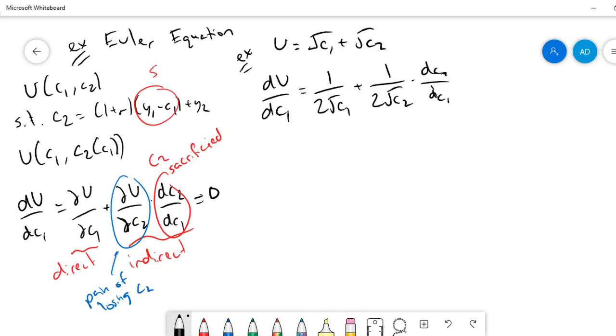One, I say the change in utility with respect to C1 is equal to the direct effect of increasing C1, and that's valued proportional to the change in that square root function. Then I have to give up C2, but the amount of C2 I have to give up is always equal to this dC2/dC1 term. But this dC2/dC1 term from my budget constraint is always minus (1 plus R).